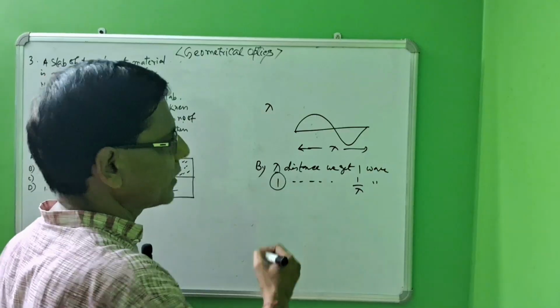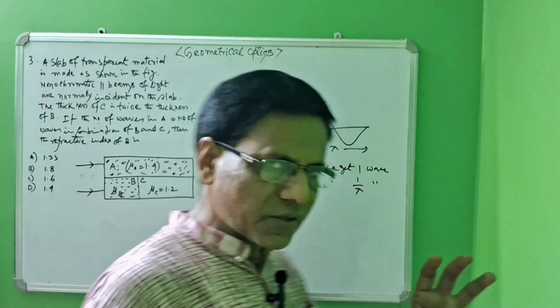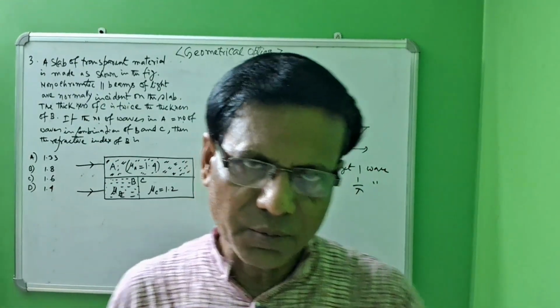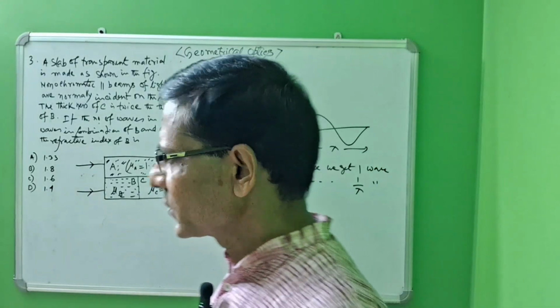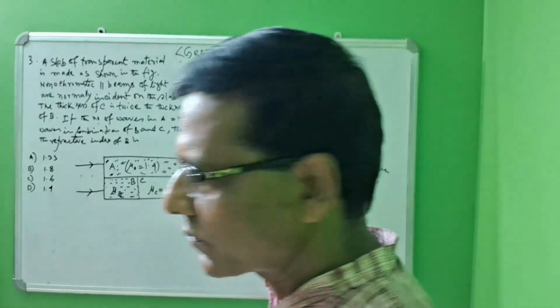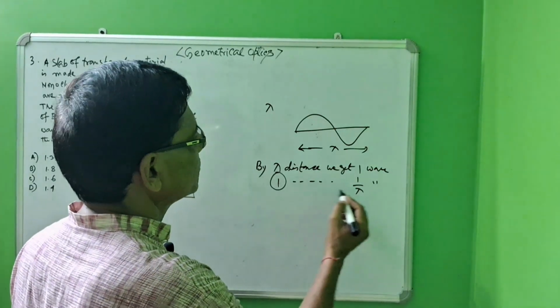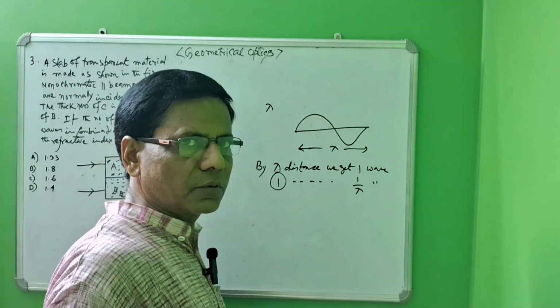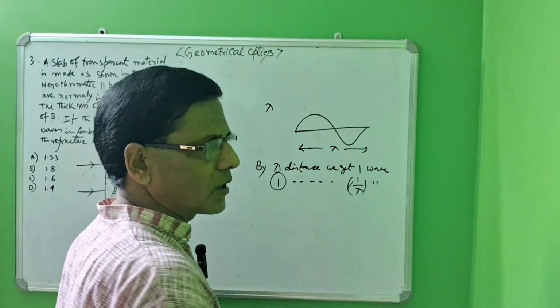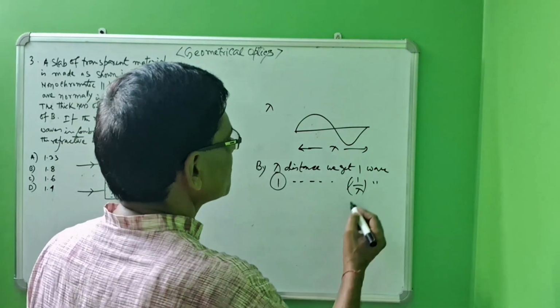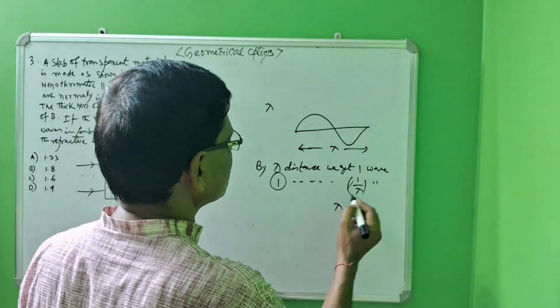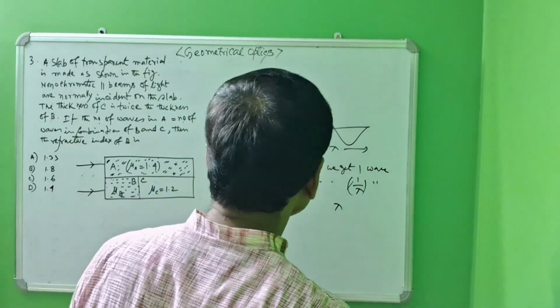By definition, for unit distance, the unit distance may be 1 centimeter, maybe 1 meter. For the SI system, this will be 1 meter. For SI unit we get the wave number as a meter inverse unit. So this is 1 wave, so this is 1 by lambda.